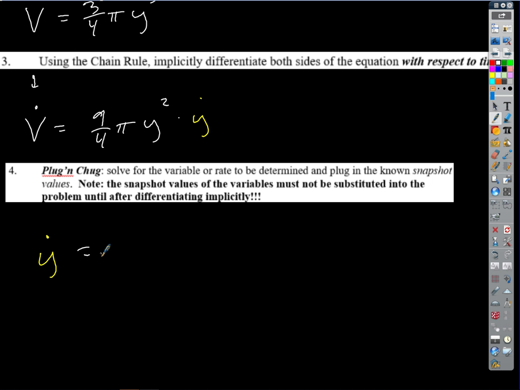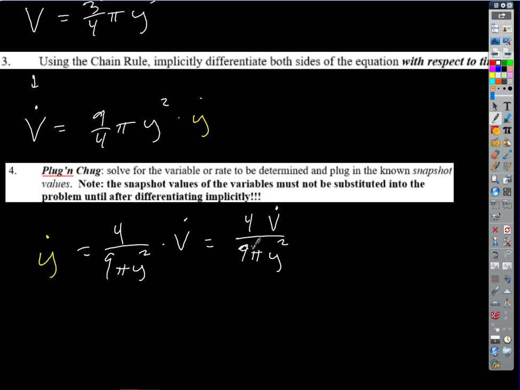I'm going to multiply by 4, so I get a 4 on top. I'm going to divide by everything in the numerator, so I divide by all that stuff. And then I've already got a v dot on that side. So we could write this as 4 v dot over 9 pi y squared.